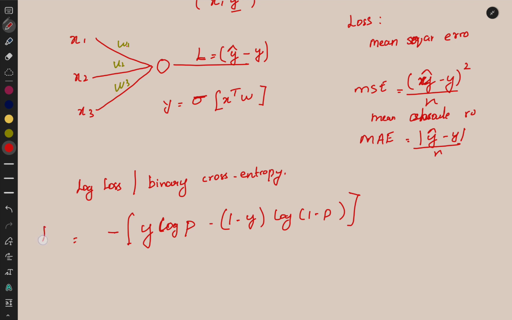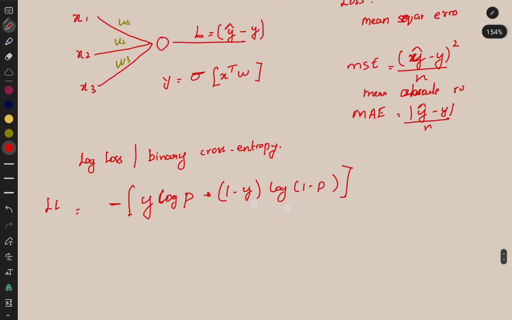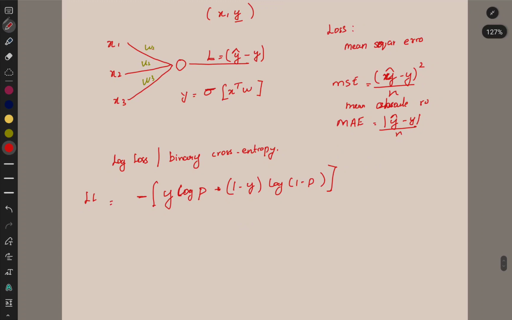I will explain why there is a minus here. This is what log loss is. These are some error functions.